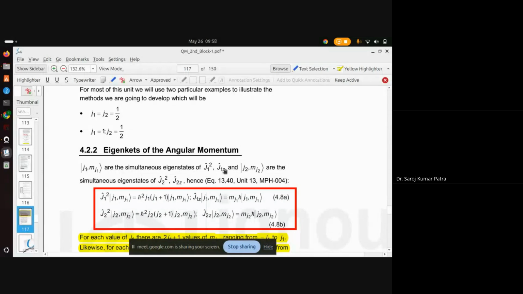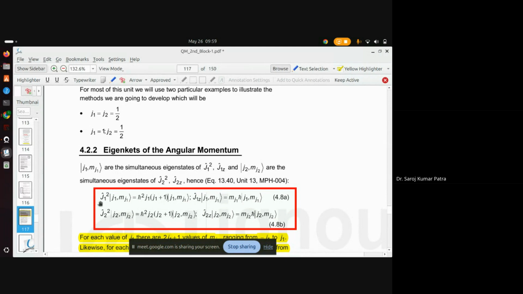So MJ1 corresponds to J1z and J1 corresponds to J1 square. So similarly, J2, MJ2 are the simultaneous eigenstates of J2 square and J2z, second particle. This is for the first particle, this is for the second particle.